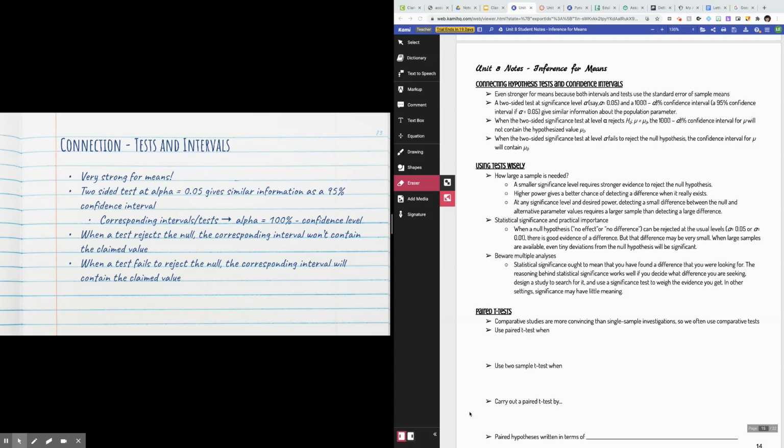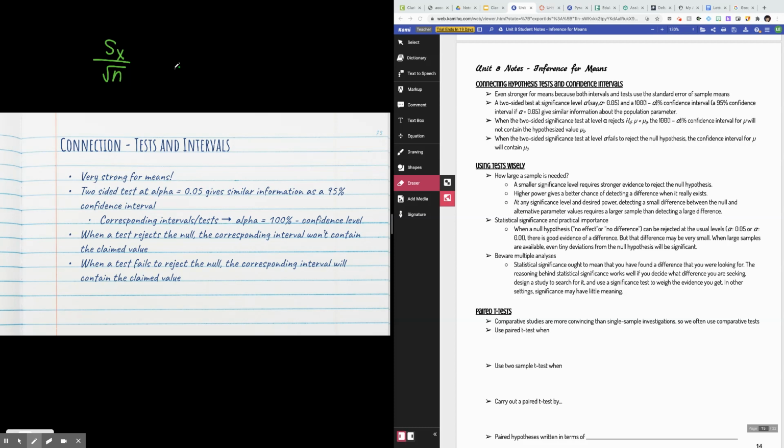So it's a little bit different. But for means, we're using the same thing each time: s divided by the square root of n in both confidence intervals and tests, okay?